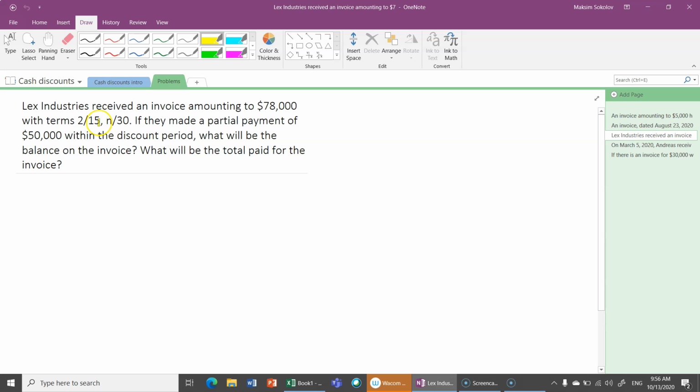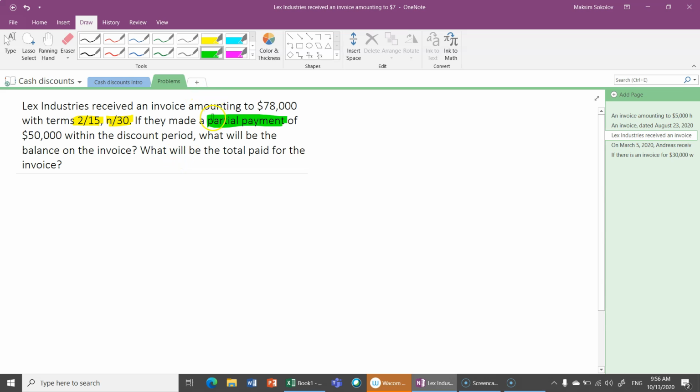Of course, we have two terms here, and the first term is 2% off within 15 days, and then it's net within 30 days. However, you need to pay attention that in this problem we're given that the company is making a partial payment.